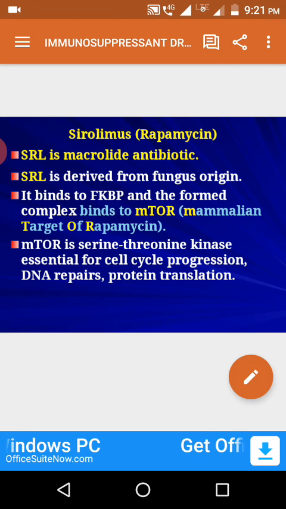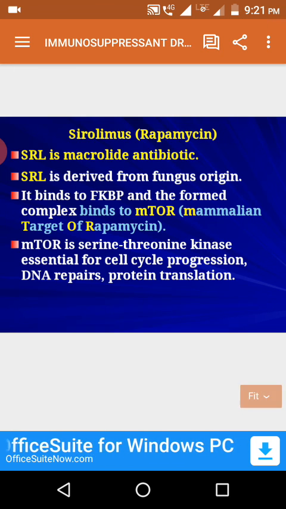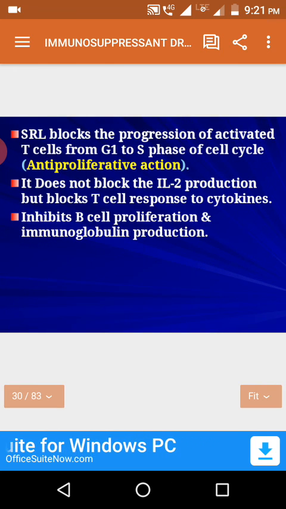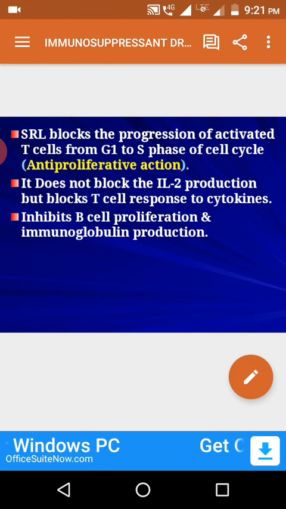But the previous drugs stop interleukin 2 production, and with this they stop T cell activation and proliferation. Here you directly inhibit T cell proliferation, so it has anti-proliferative activity.